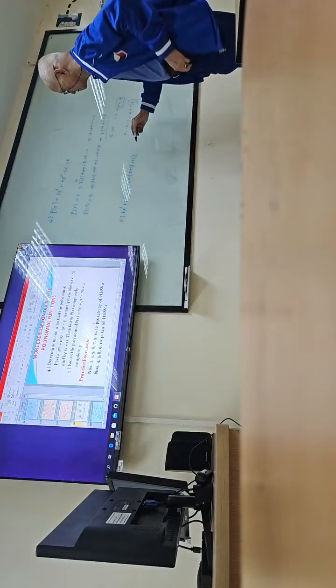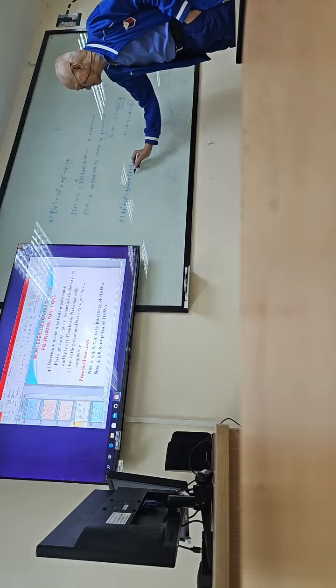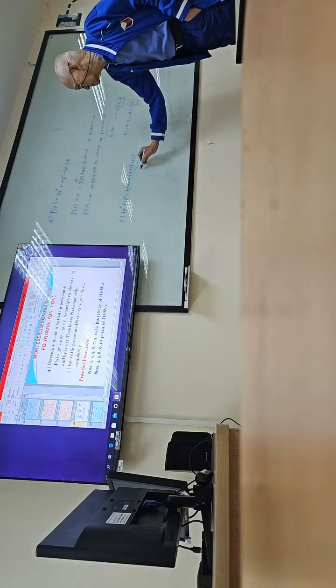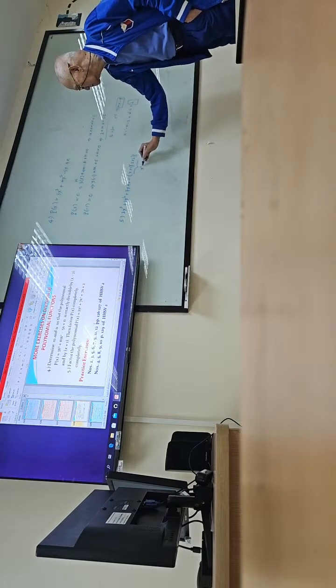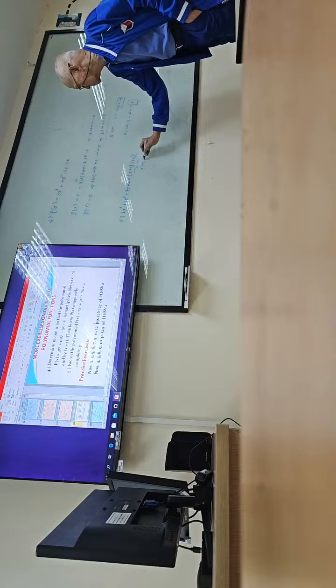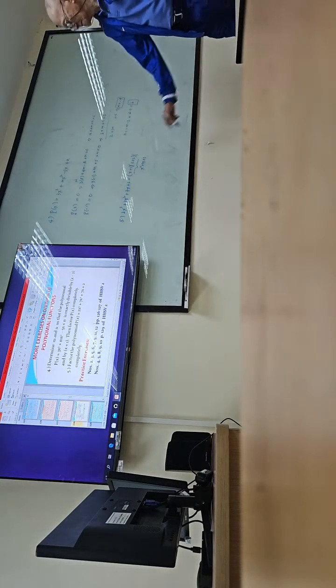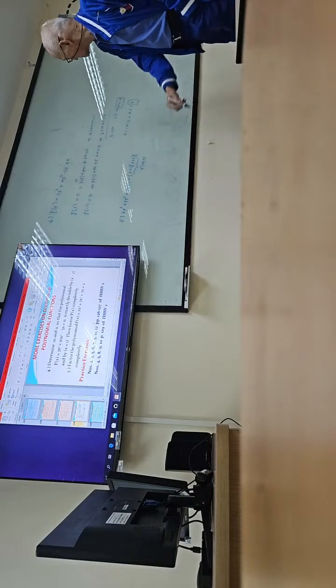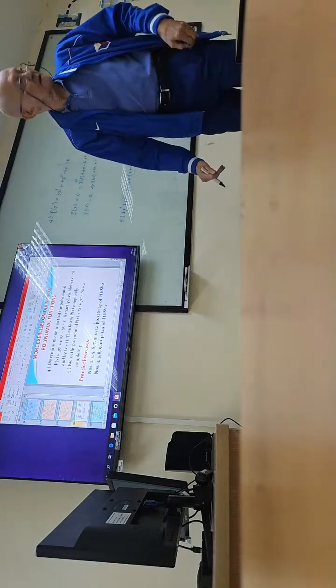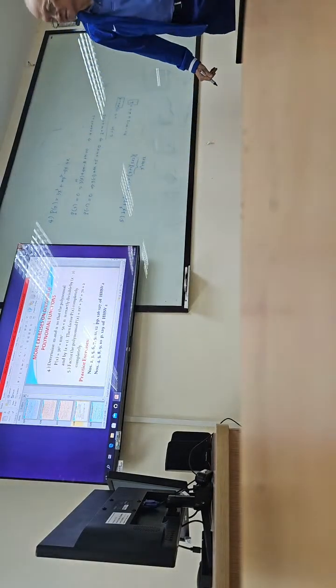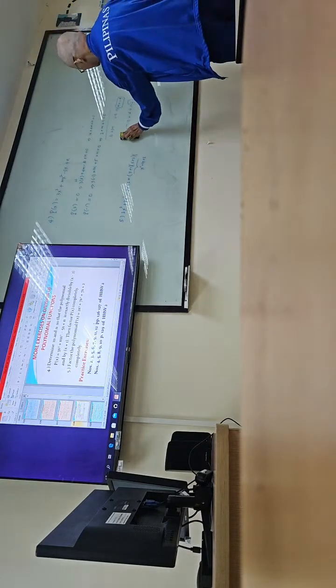Let us see. This product here is x squared plus 3x plus 2. So let's divide that by x squared plus 3x plus 2 to get the third and last factor.